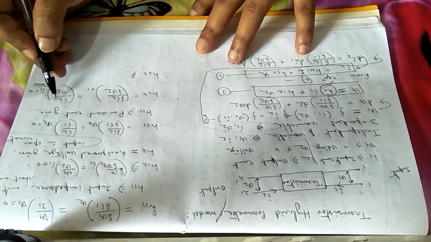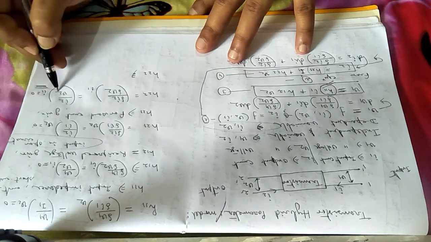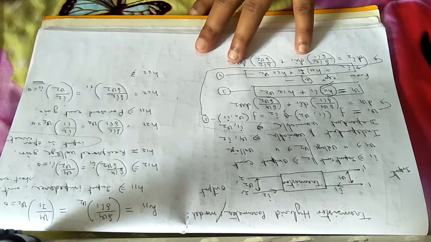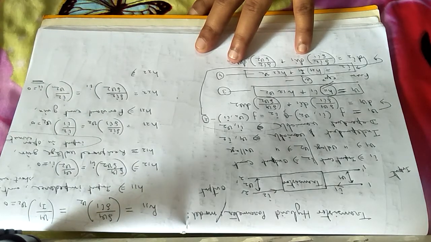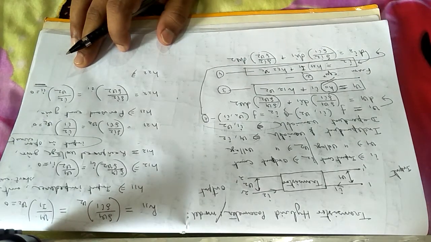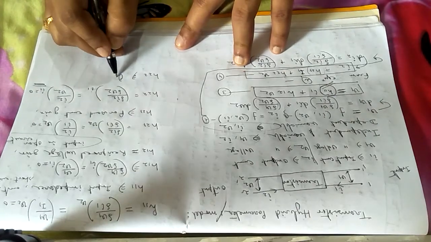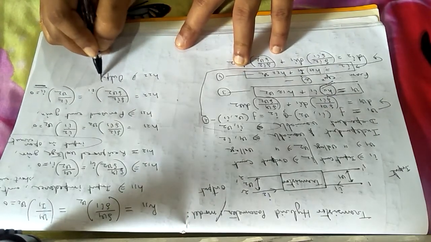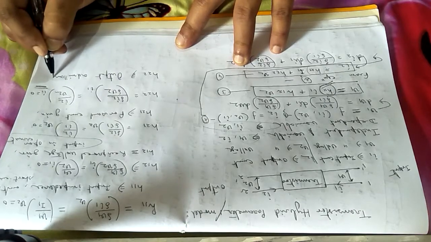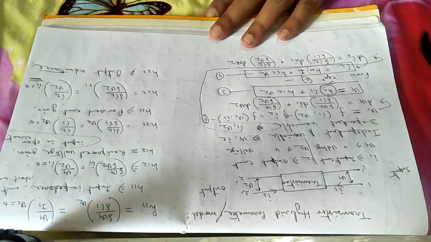The ratio between output current by output voltage. Voltage by current, you will get resistance. Current by voltage, you will get admittance. So you will write it as output admittance when the input is open circuit.